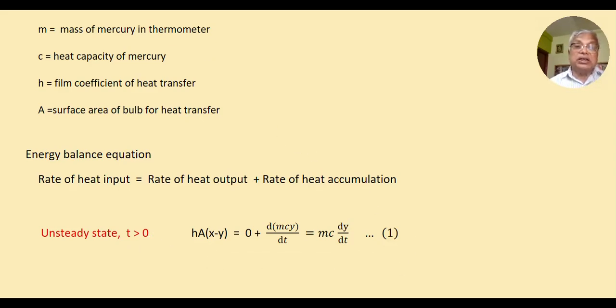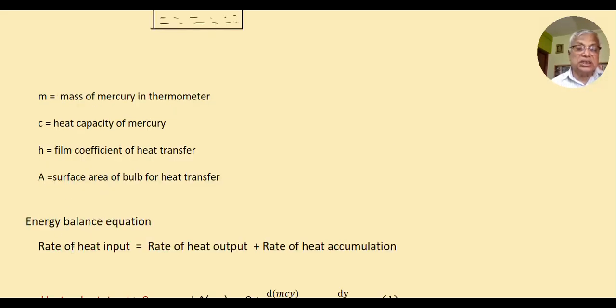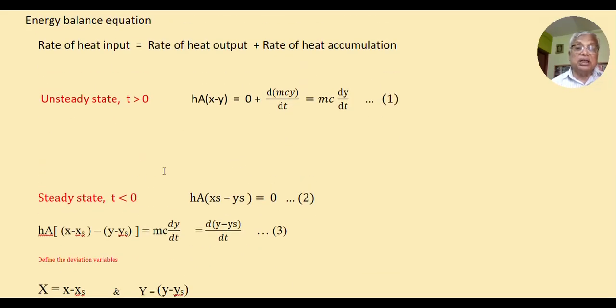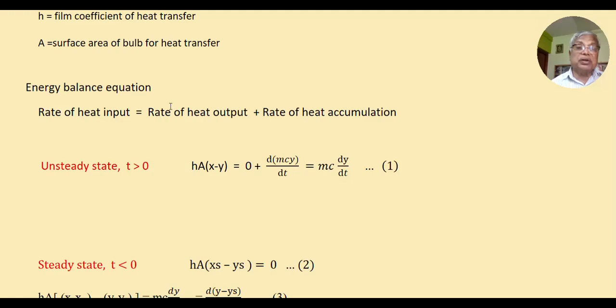Now we have to write it at steady state. At steady state, the equation is the same, only that there is no accumulation. This term becomes 0. So at steady state the equation is heat input equals heat output. That is before the disturbance, t less than 0, and the steady state variables are xs and ys.